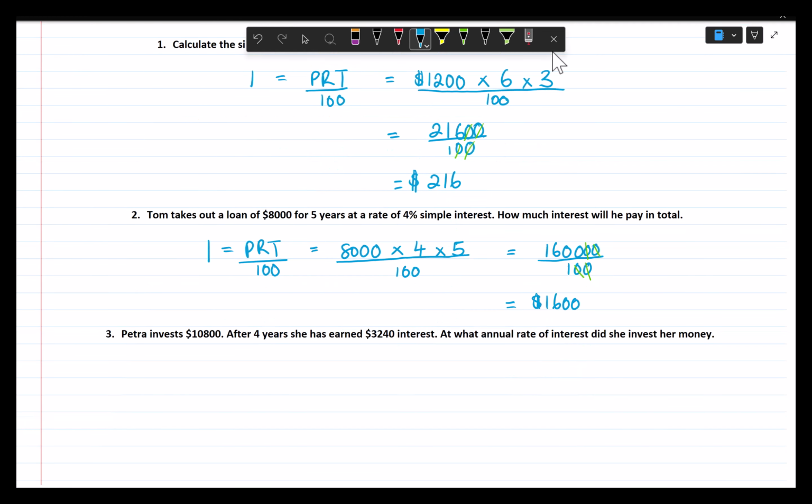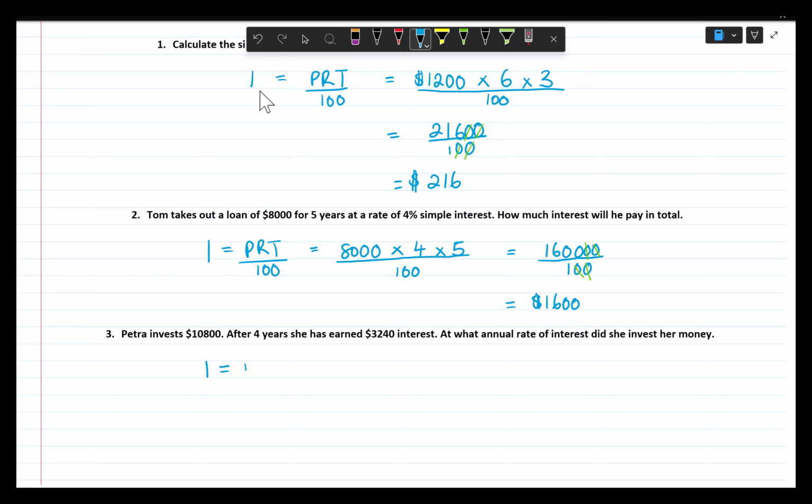Number 3, Petra invests $10,800. After 4 years, she has earned $3,240 interest. At what annual rate of interest did she invest her money? What you're going to do is make the rate the subject of the formula.